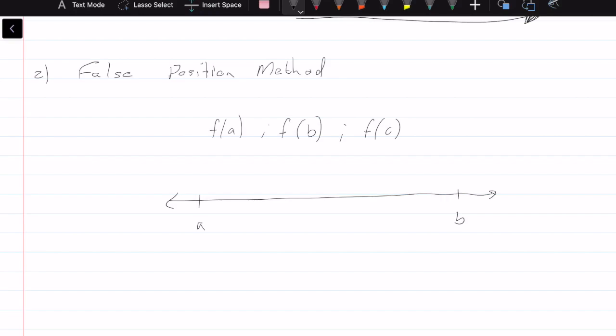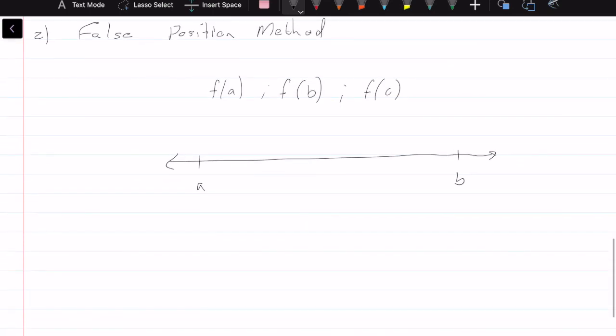If you remember, with the bisection method, c was always in the middle of a and b, but with the false position method, c is not always between a and b. It can be slightly left, it can be right of it. It doesn't really matter. c can be anywhere. It depends on the function.